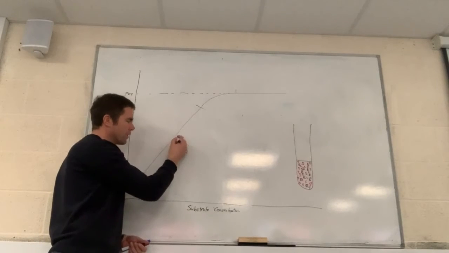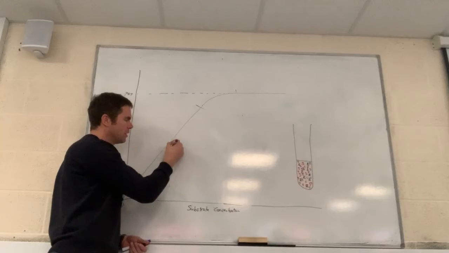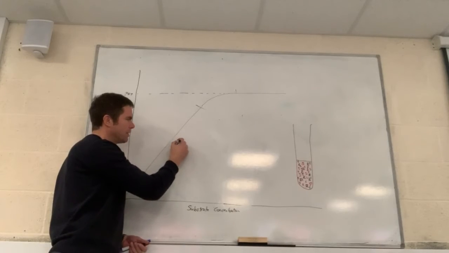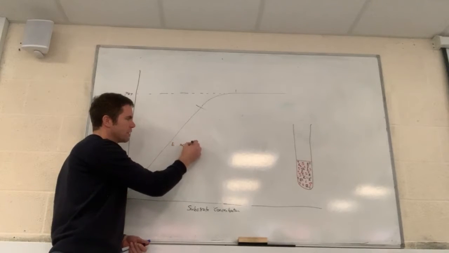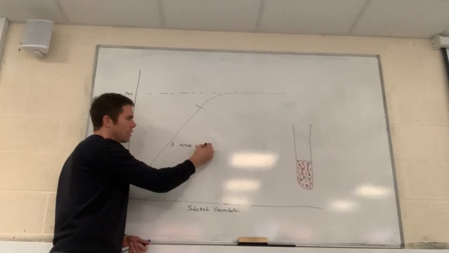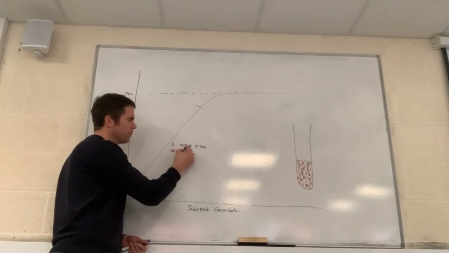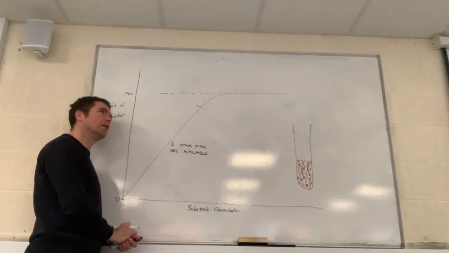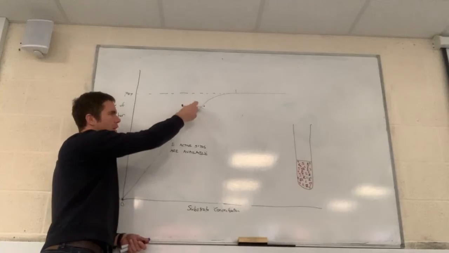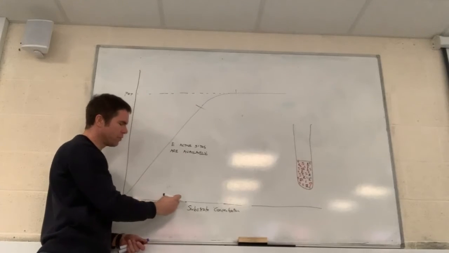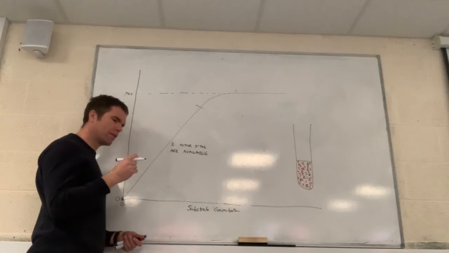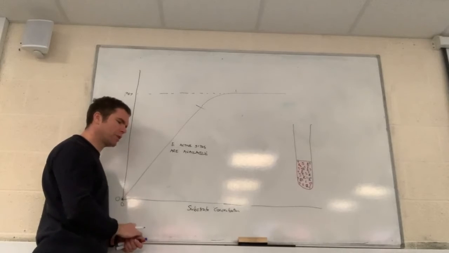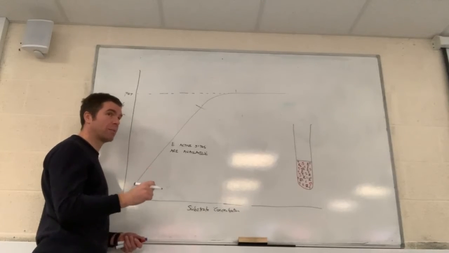A clear distinction needs to be made that you have enzyme active sites available. So at any one time, anywhere along this graph, at any snapshot in time, when you look at those reactions, there will be 3 enzyme active sites.